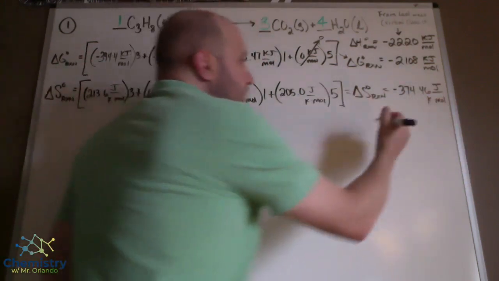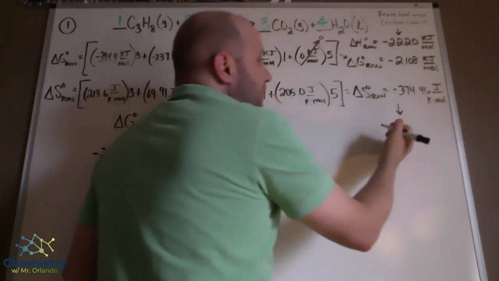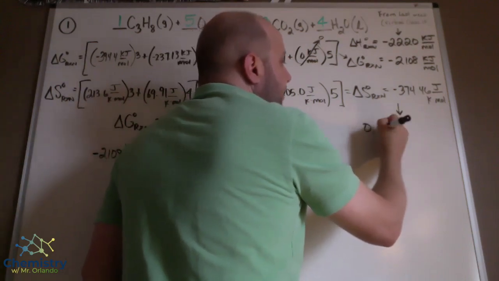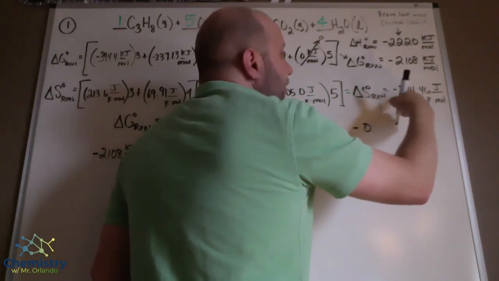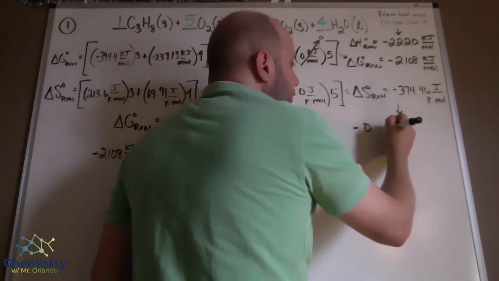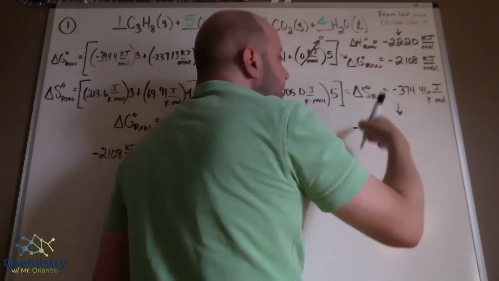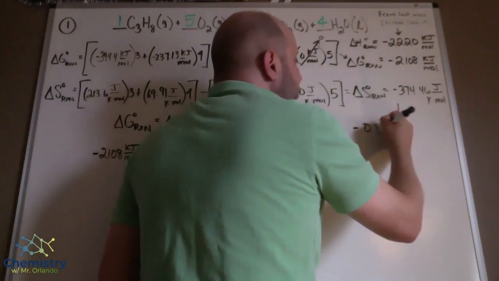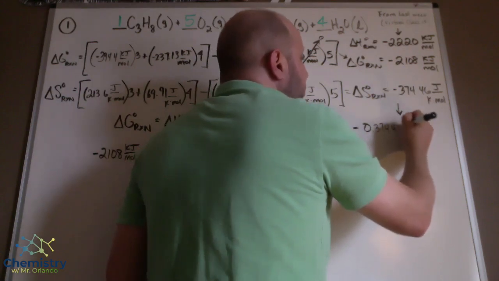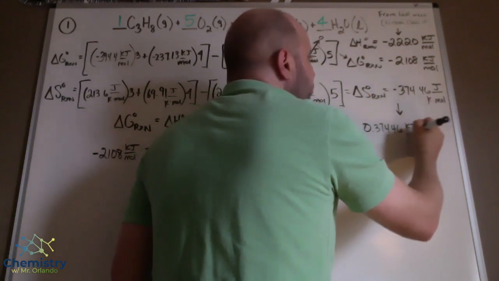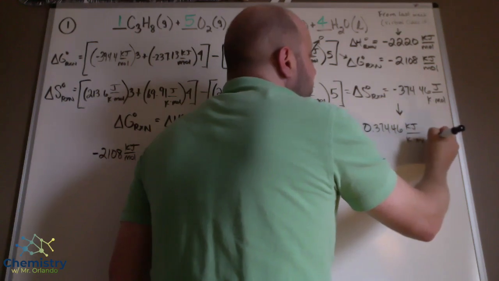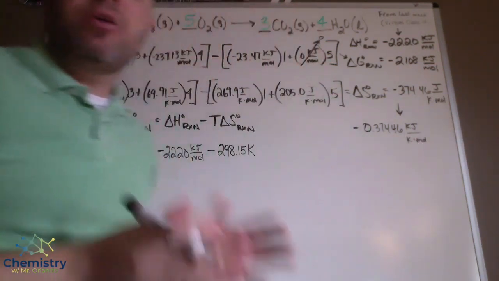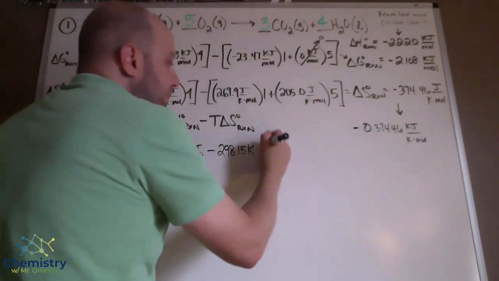So before we can plug it into this equation, we have to divide this by 1,000 to get kilojoules. So negative 374.46 is going to become negative 0.37446 kilojoules per Kelvin mole. This will not work out unless you convert that, so just be mindful of that.